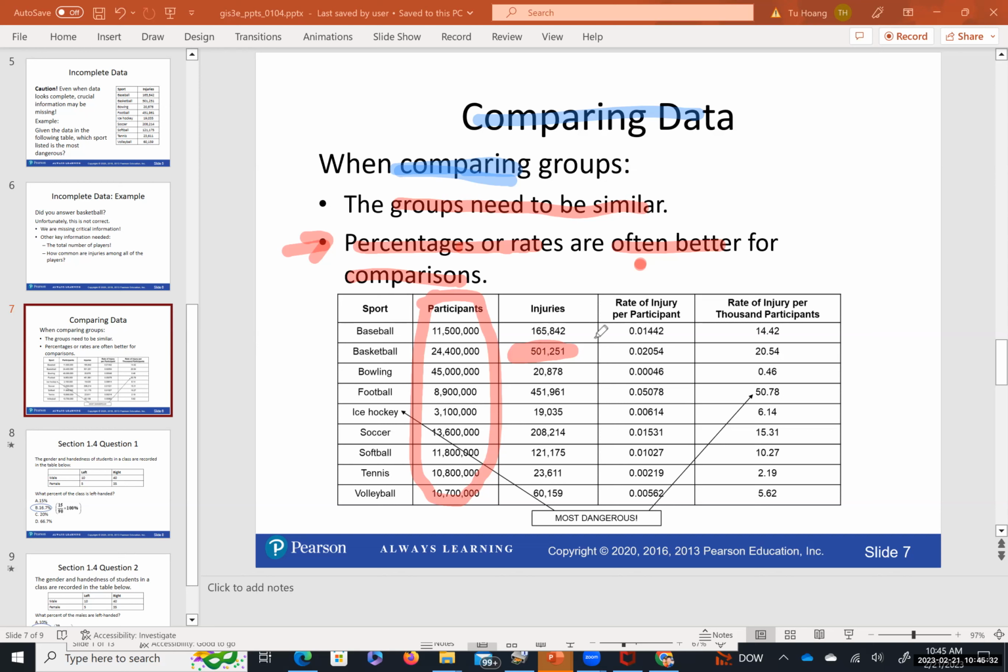So the rate of injuries is 0.0205, which if you convert, they convert in per thousand.